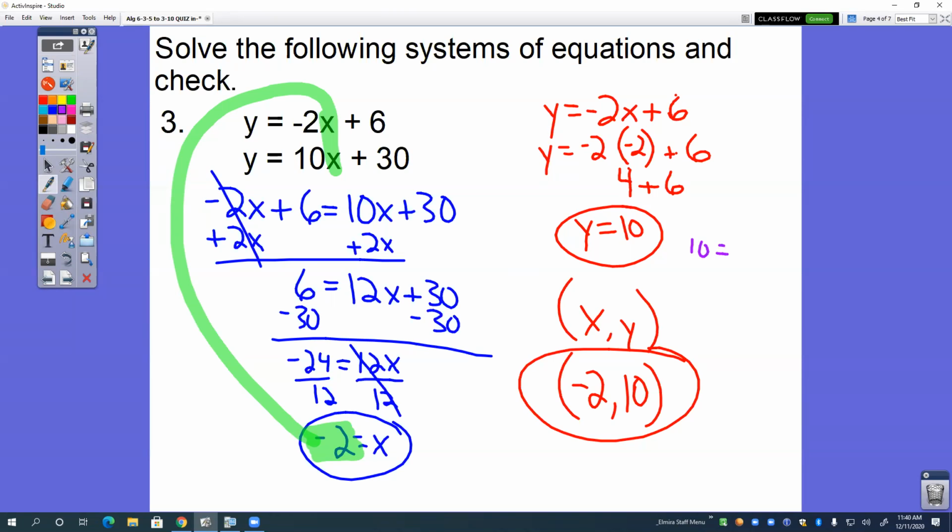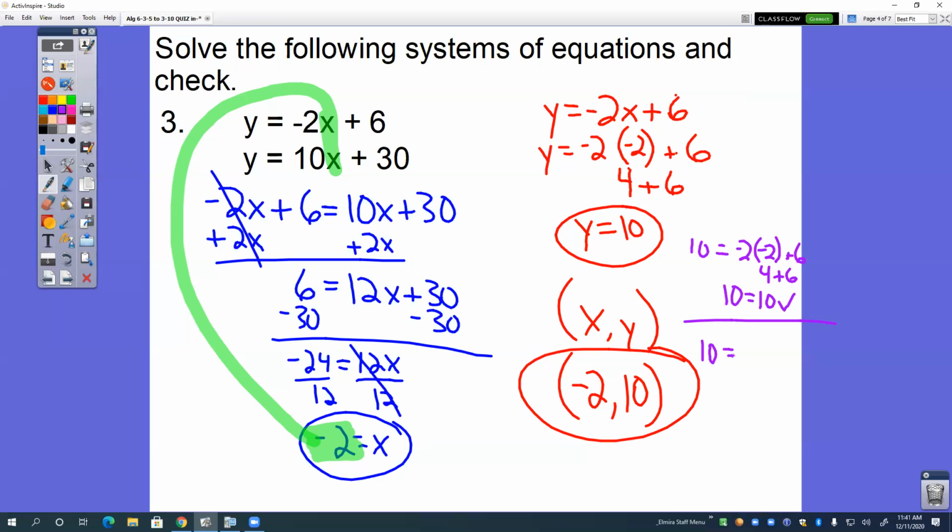Instead of negative 2 times x, I'd have negative 2 times negative 2 plus 6. Negative 2 times negative 2 is positive 4. 4 plus 6 is 10. So 10 equals 10. It checks. In the second equation, I would have, instead of y equals, 10 equals.